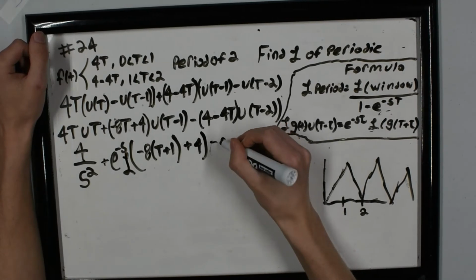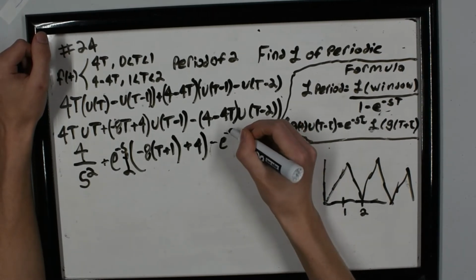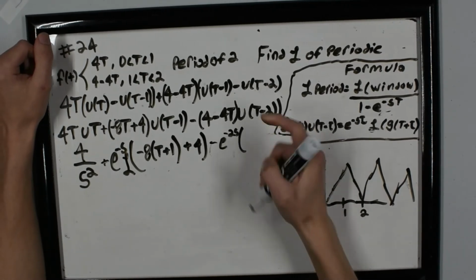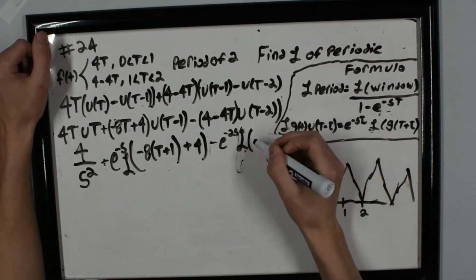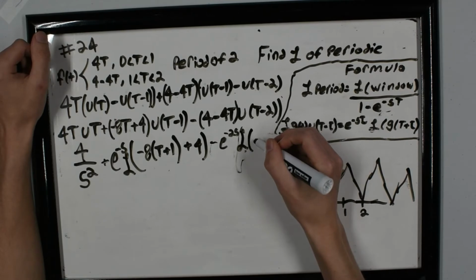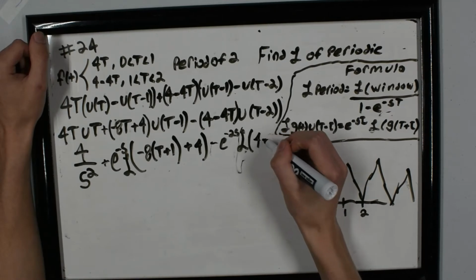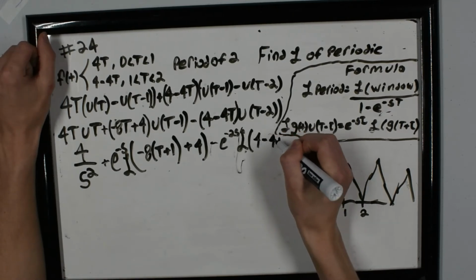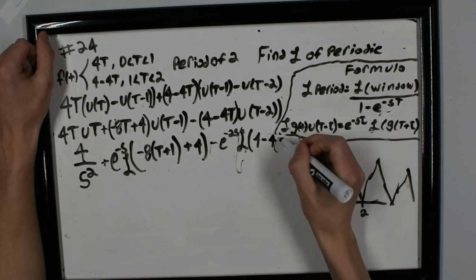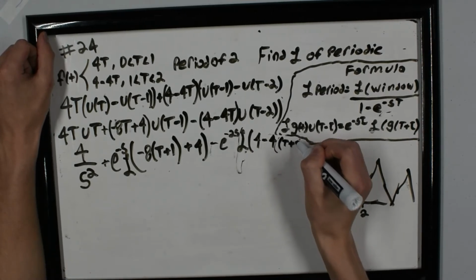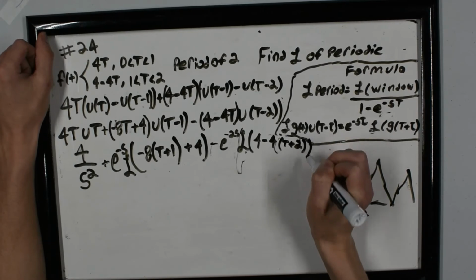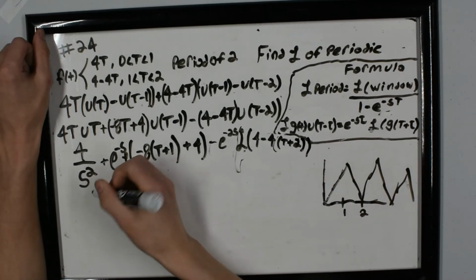Minus e to the negative 2s times, again I forgot that Laplace transform symbol, the Laplace transform of 4 minus 4 distributed to t plus 2. Kind of ran out of room there, but it'll make sense down here.